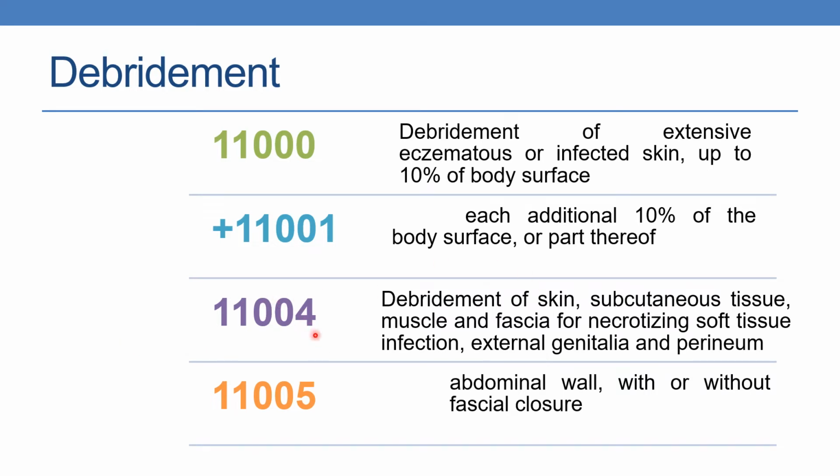The next is 11004, debridement of skin, subcutaneous tissue, muscle and fascia for necrotizing soft tissue infection, external genitalia and perineum. And the next code is 11005, debridement of skin, subcutaneous tissue, muscle and fascia for necrotizing soft tissue infection, abdominal wall with or without fascial closure.